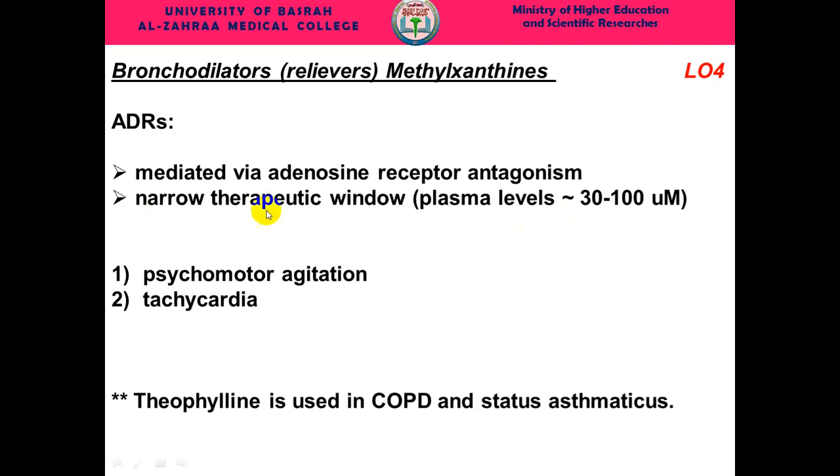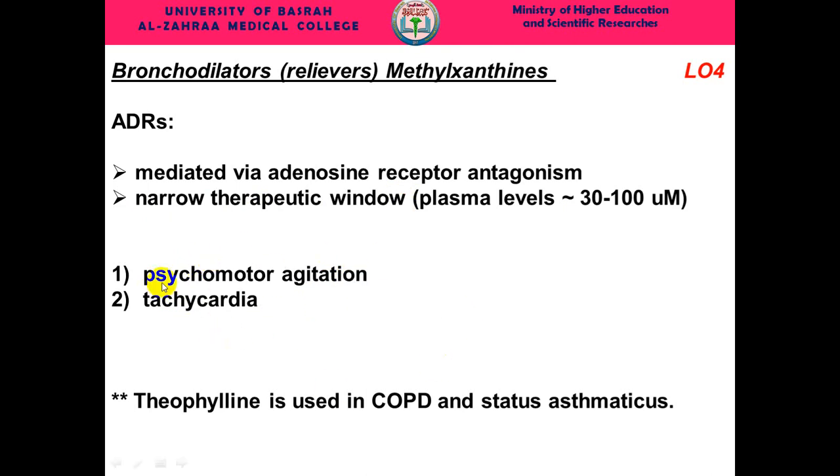So drugs with a narrow therapeutic window, we should be cautious in using them because they might cause toxicity. What are the toxicity symptoms? First, we have psychomotor agitation. The patient will be agitated psychologically and also in the motor system.